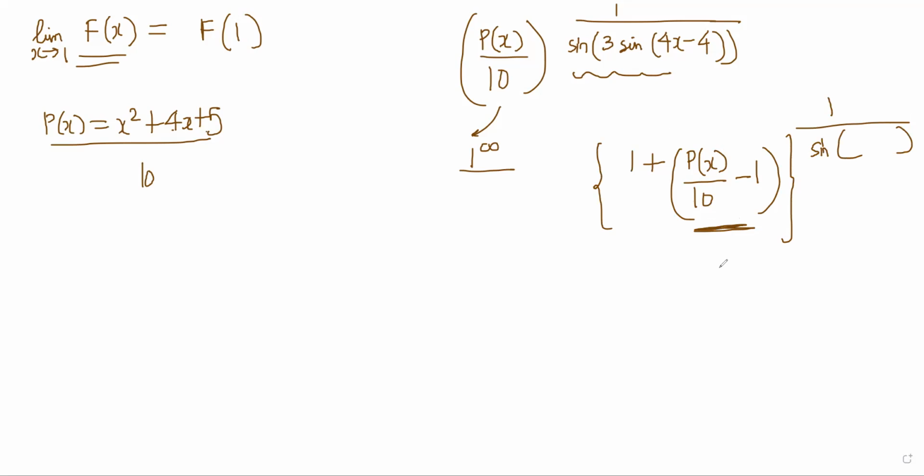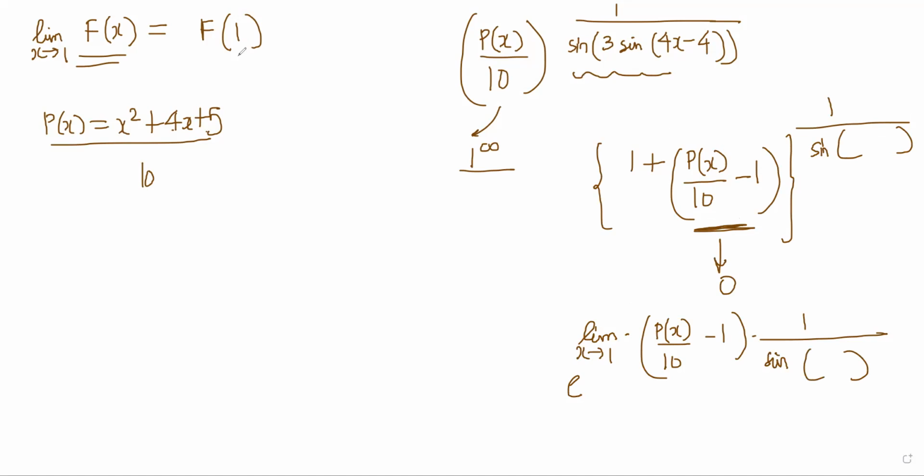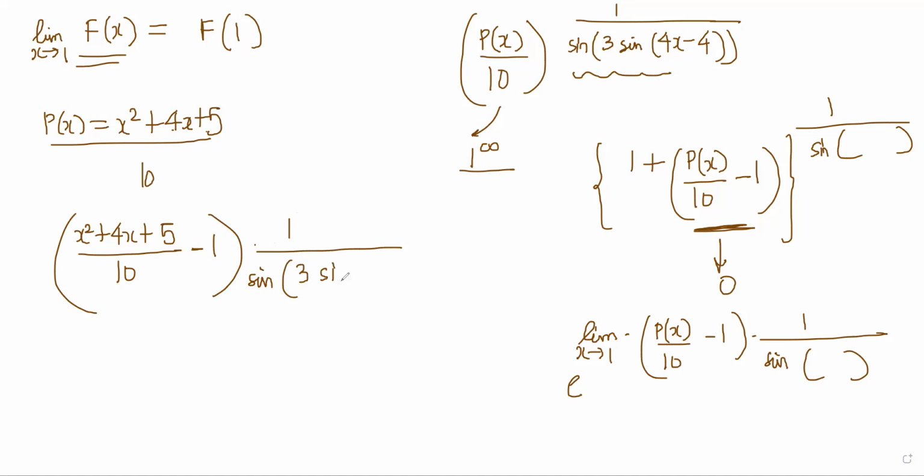So this part now tends to 0, right? So the limit will be e power limit x tends to 1, and this will be (px by 10 minus 1) multiplied by 1 by the sine function, right? So let's do that calculation. x square plus 4x plus 5 by 10 minus 1 multiplied by 1 by sine 3 times sine 4x minus 4, and we have limit of x tends to 1.